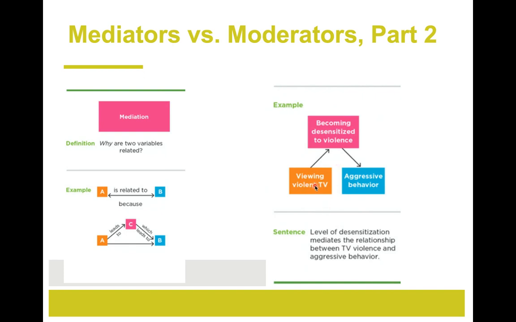Why is viewing violent television related to aggression? Because of desensitization. Desensitization is doing the work. Viewing violent TV is causing you to become desensitized, then becoming desensitized is causing you to aggress. That's a possible relationship between these variables.